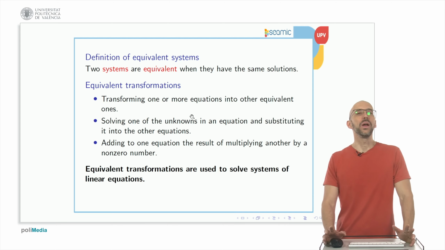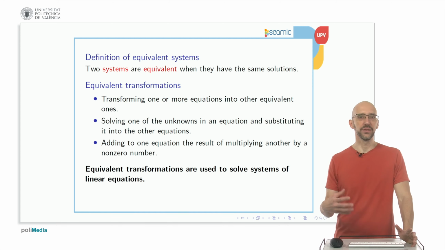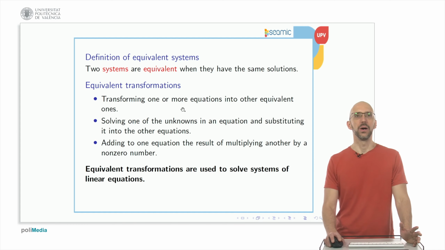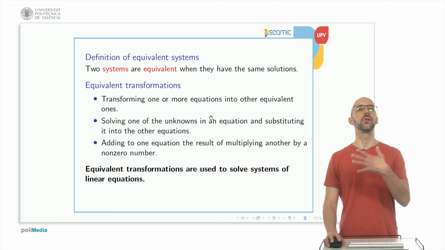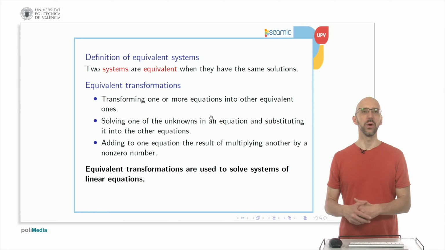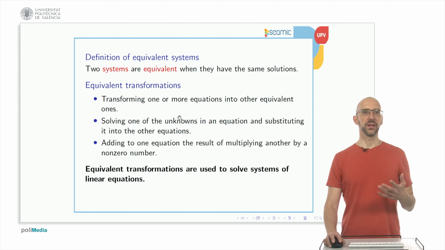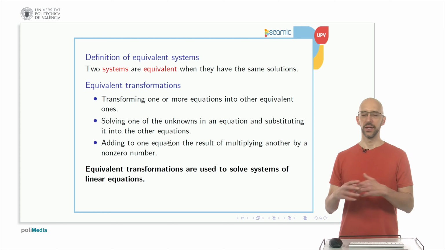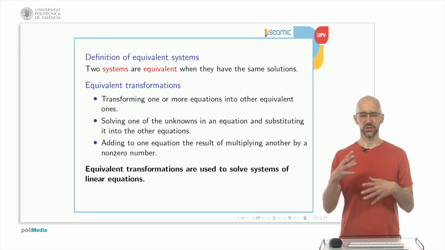The idea is, when we say that we are applying equivalent transformations, it is when we transform one or more equations into other equivalent ones. We also say that it's an equivalent transformation when solving one of the unknowns in an equation and substituting into another equation.